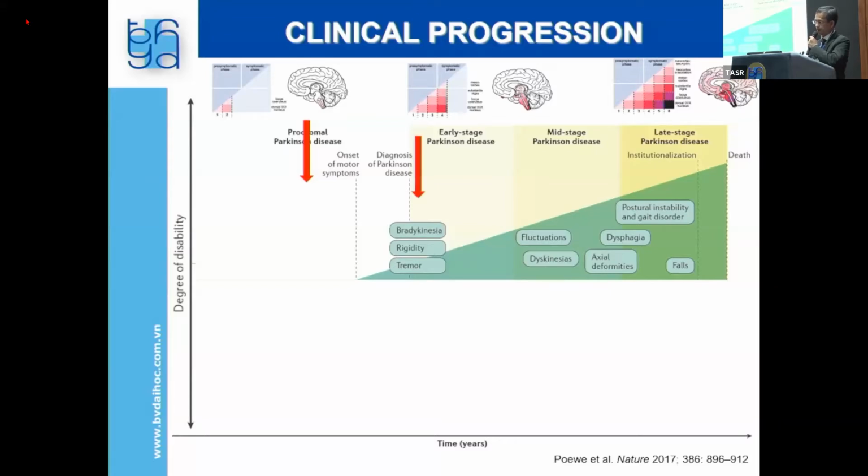When we are in the early stage of Parkinson's disease, the motor symptoms bradykinesia, rigidity, and tremor appear. When the patient moves to the middle stage, some motor complications appear.